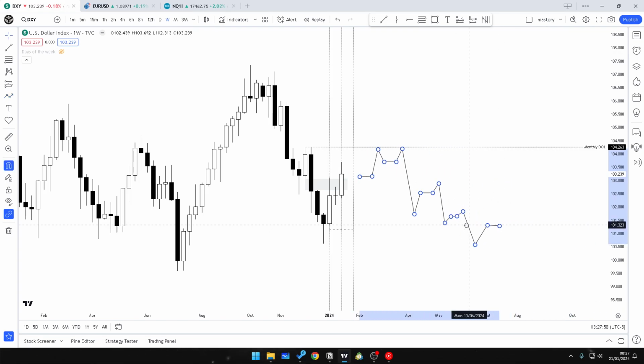So this is the December candlestick, and I'll just make this a little bit shorter because I don't think it needs to be that long.